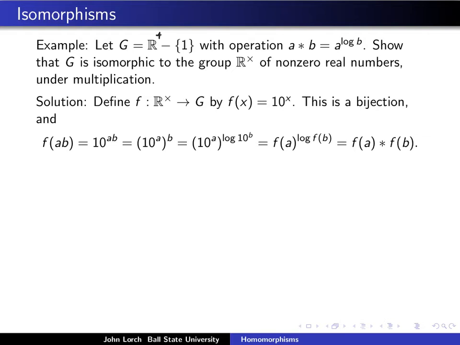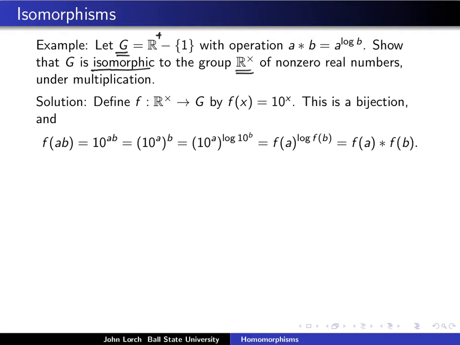However, it turns out that this set with this group operation is just a disguised version of the non-zero real numbers under ordinary multiplication. So we're going to show that this group G, that we know and love from earlier in the course, is isomorphic to this group of non-zero real numbers under ordinary multiplication.